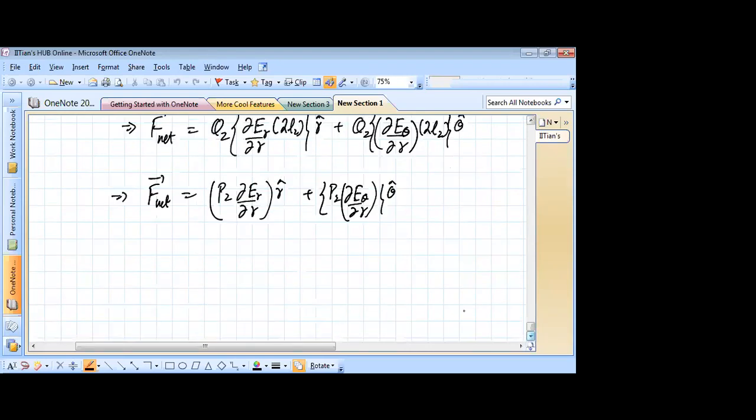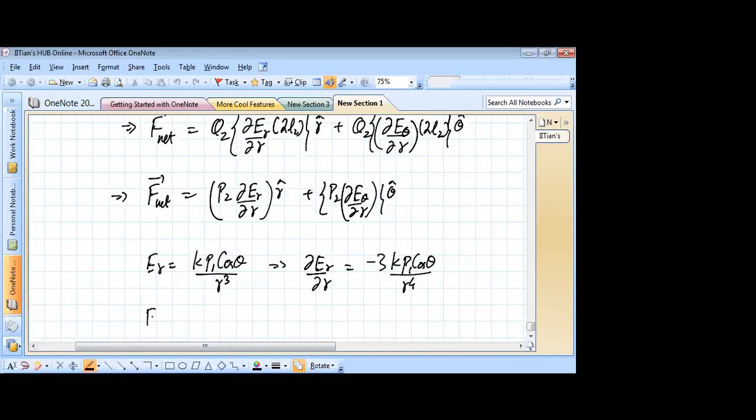Now you substitute the values. So the radial component of the field because of the first one was Kp1 cos theta by R, so its derivative will be minus 3 Kp1 cos theta by R to the power 4.